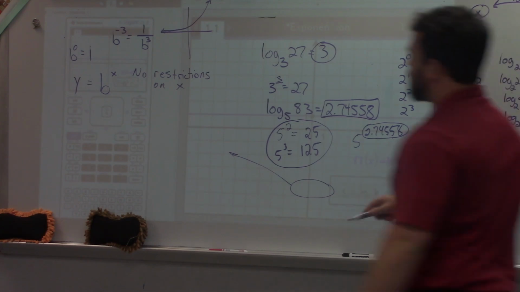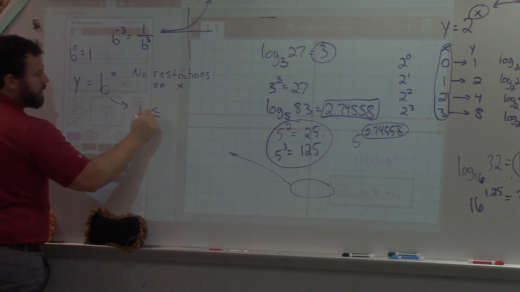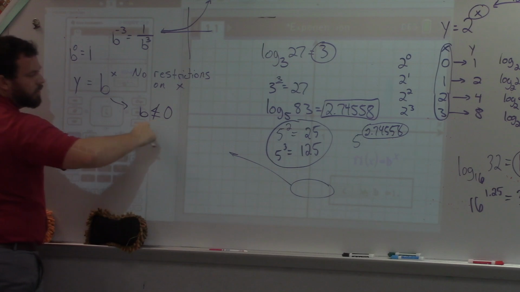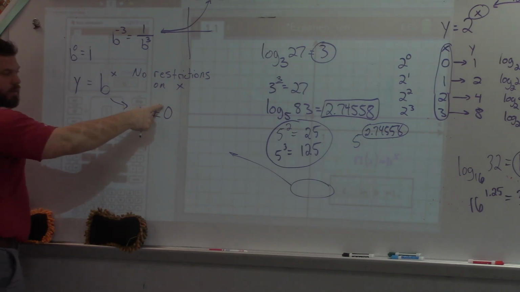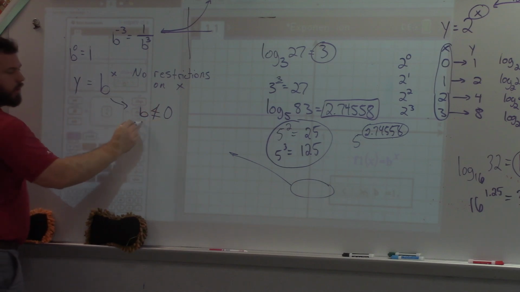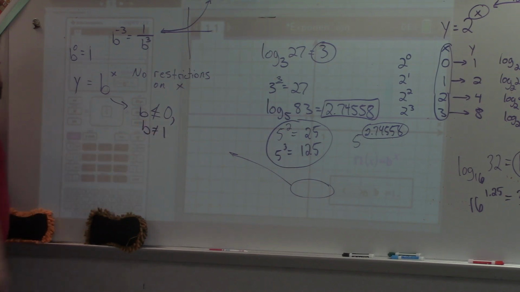So, in this exponential, remember b could not be less than or equal to 0. Notice less than or equal to, and I put a slash through it, the slash meaning not. So that just means b is not less than or equal to 0. And b does not equal 1. Why is that the case? Say it louder.